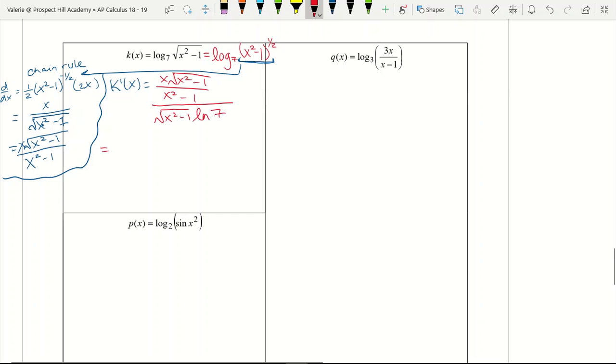And when we do this out, we get x times square root of x squared minus 1 over x squared minus 1 times 1 over square root of x squared minus 1 ln of 7. The square roots cancel out, and we'll get x over x squared minus 1 ln of 7.